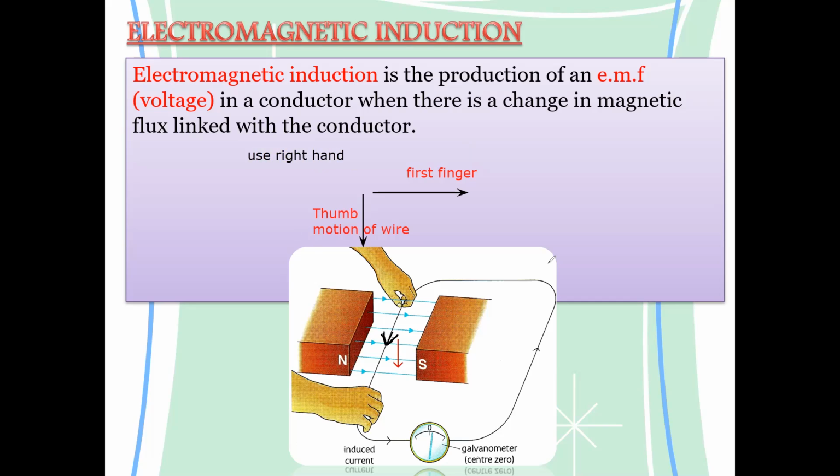You don't know the current, but you know the motion of the wire, because the wire is moving downward. So your thumb should point downward. When your thumb points downward, the direction in which your second finger is pointing is the direction of the induced current.